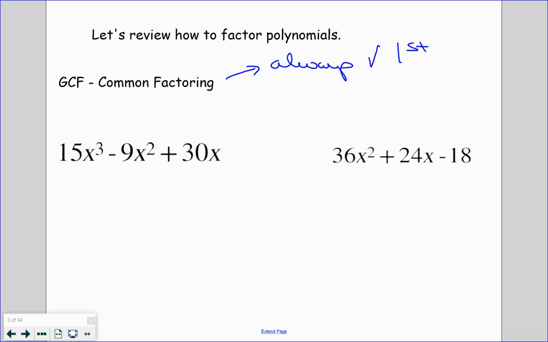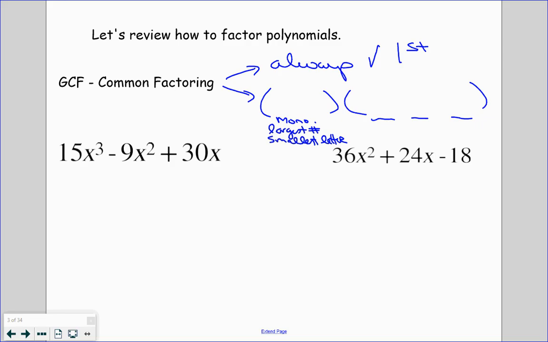Okay? So the method for it was we found the monomial. And the monomial was the largest number and the smallest letter. And then we went ahead and divided that into our polynomial, and we got out the second bracket.